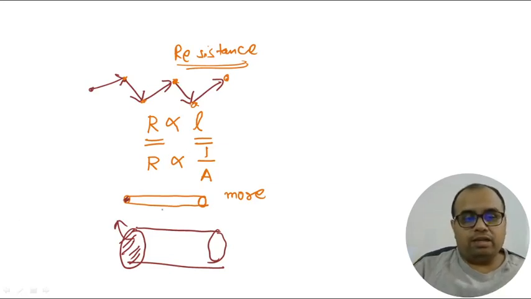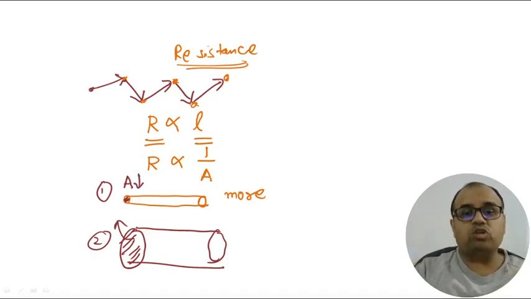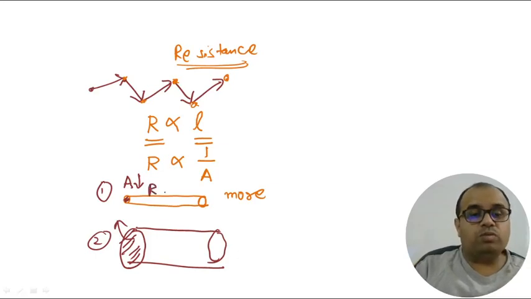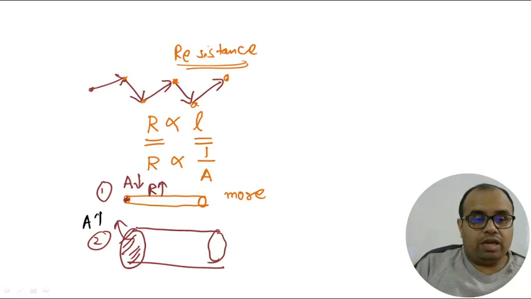You see, this is the first wire, this is the second wire. In case of the first wire, the area is lesser, and as we know, resistance is inversely proportional to cross section area. It means that the lesser the area, the more the resistance. In this particular case, the area is greater, so the resistance would be lesser.